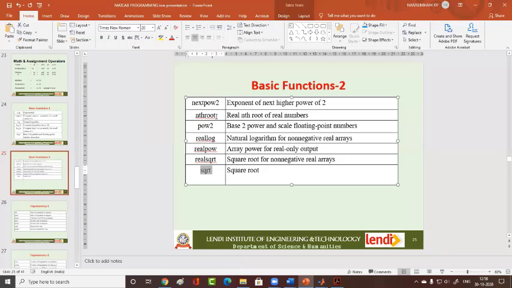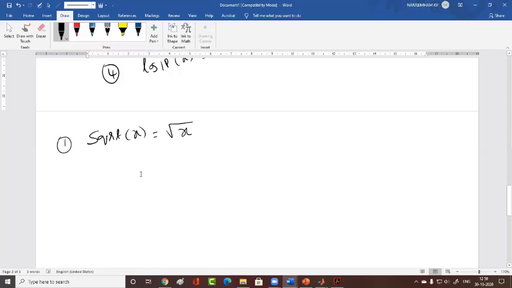Now coming to another type. Suppose you want to find the nth root, very easy. Nth root of x, use this command.